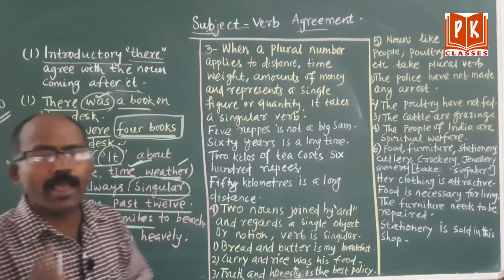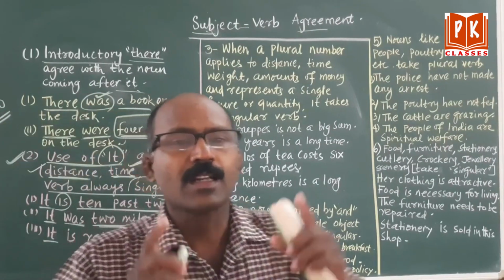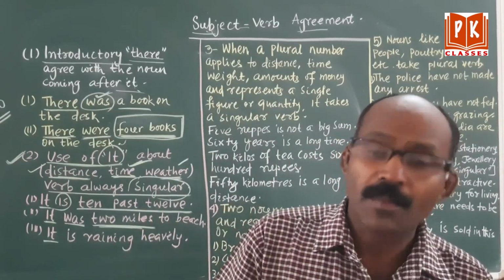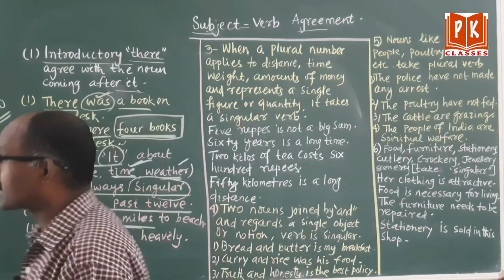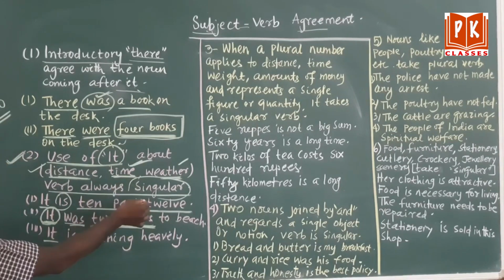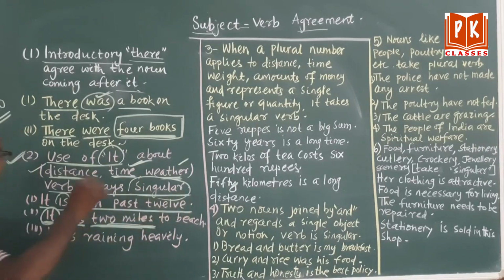If you write it otherwise, the subject does not agree with the verb. We think that since it comes first, it is the subject. But please remember, it was two miles. Two miles is plural, but it always takes a singular verb, as I already told you.